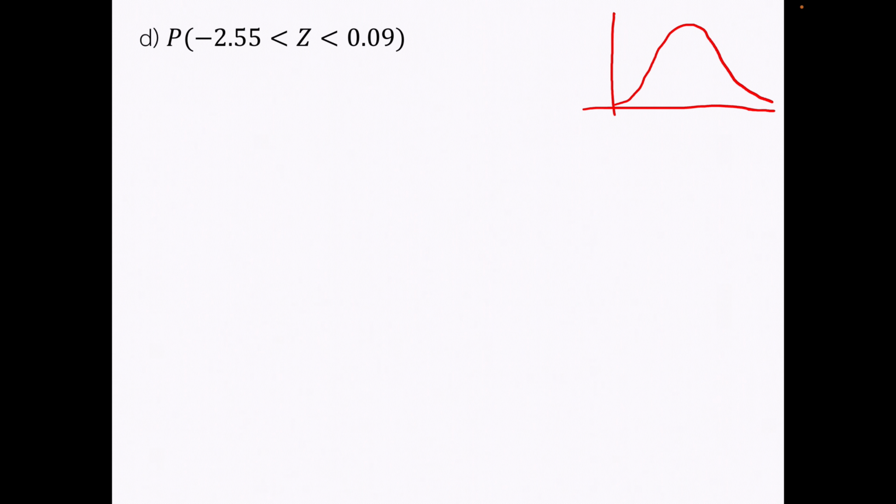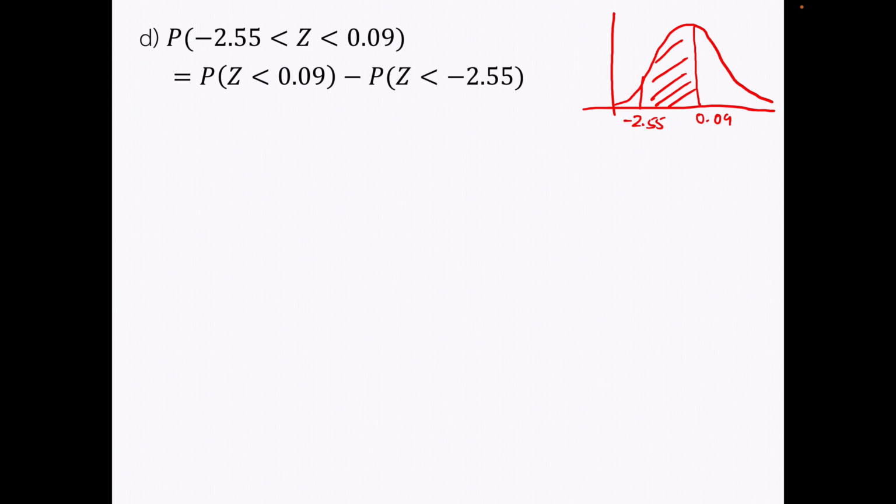We are looking for the area between minus 2.55 and 0.09. So it's like that, looking for the shaded area. With this, remember, you need to set up P of Z less than 0.09 first and then subtract.